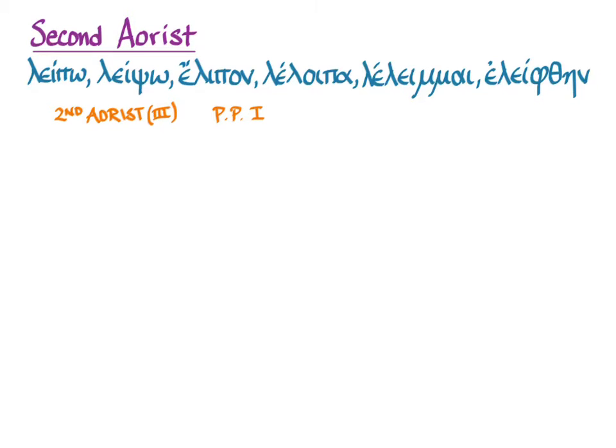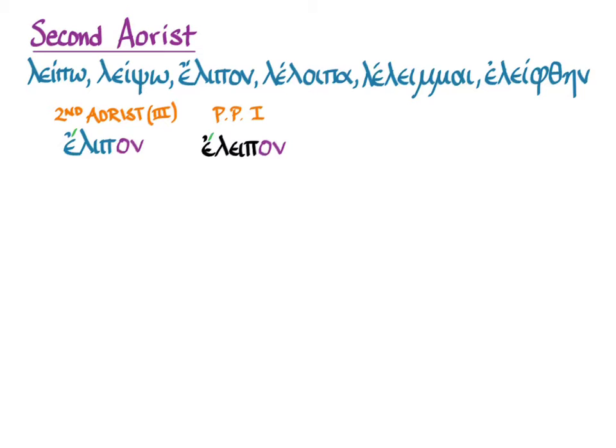So learning your principal parts is getting ever more crucial so that you know the difference between elipon, which is I left or they left, and elepon, which is first principal part, and so now that's imperfect, not aorist. The translation of elepon is they were leaving or I was leaving.